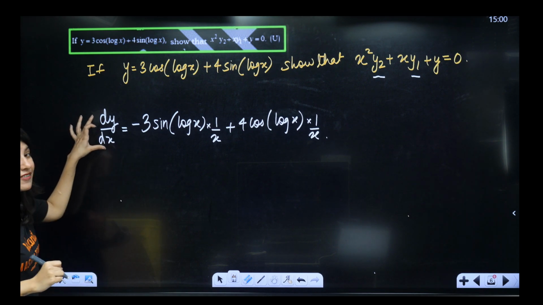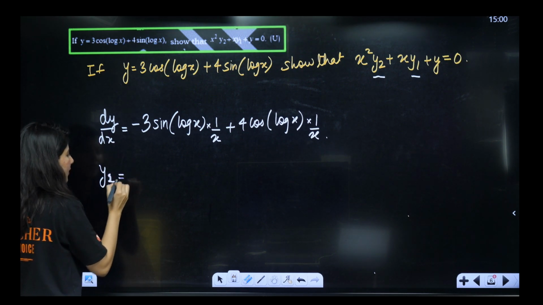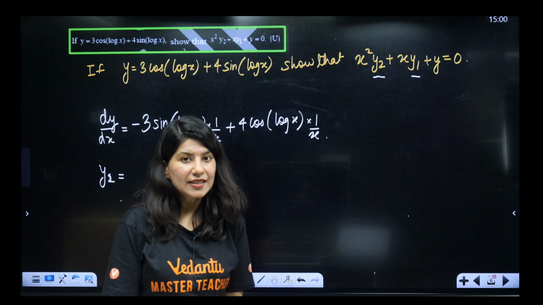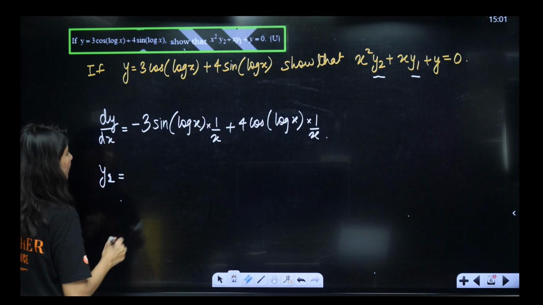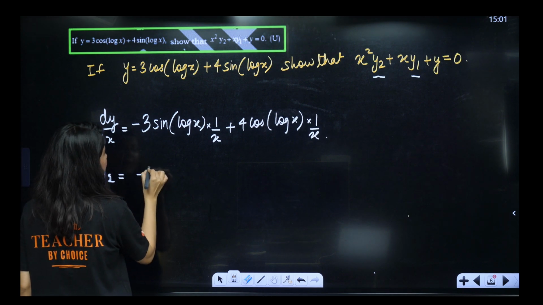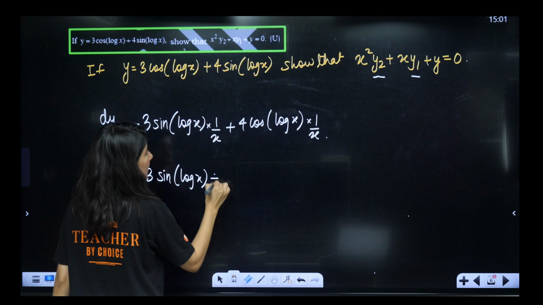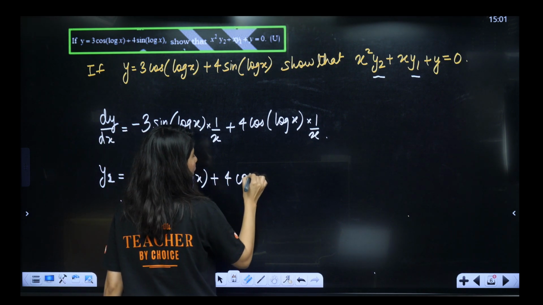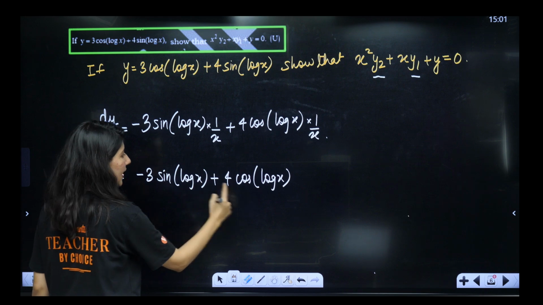Okay, and this dy by dx is itself y1. This is the common notation. Dy by dx can be written down as y1 or y dash. Note that. So y1 is actually minus 3 sine log x plus 4 cos log x, upon x.